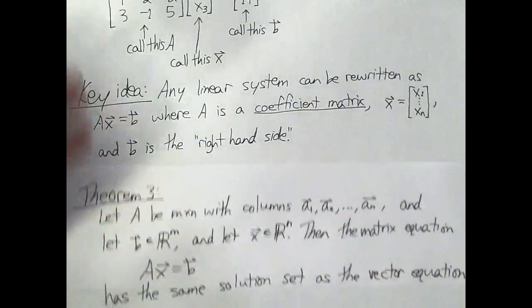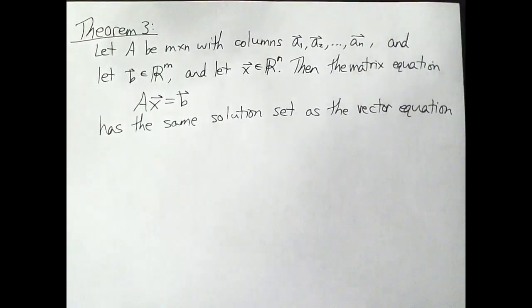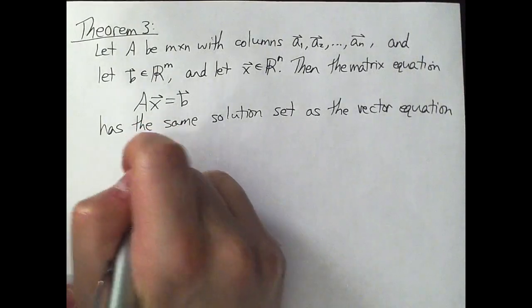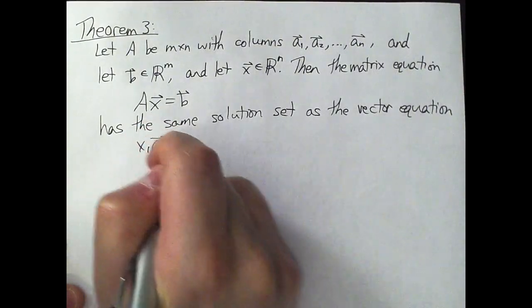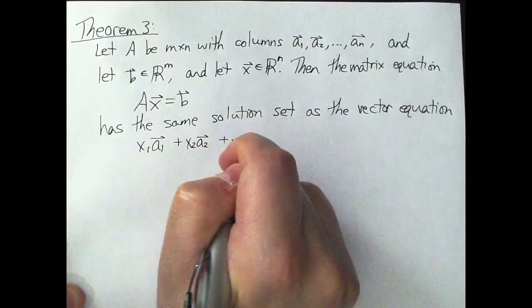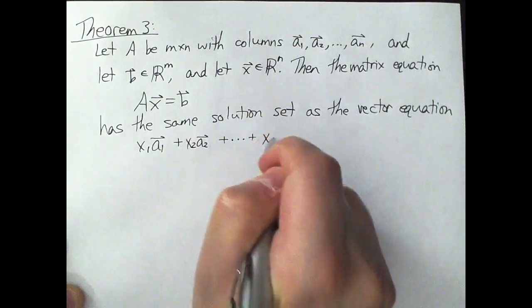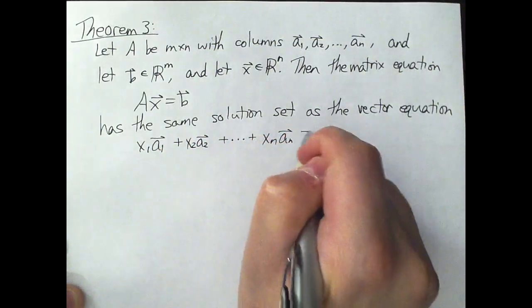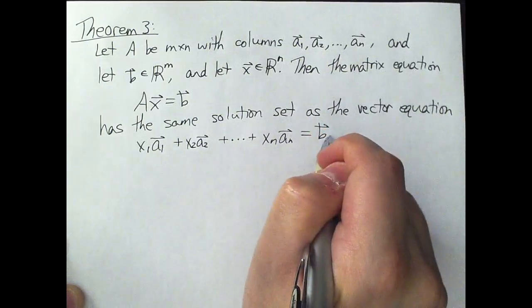Here, let me move some things up here. The vector equation x1a1 plus x2a2 plus dot dot dot plus xn an, all of that equals b.